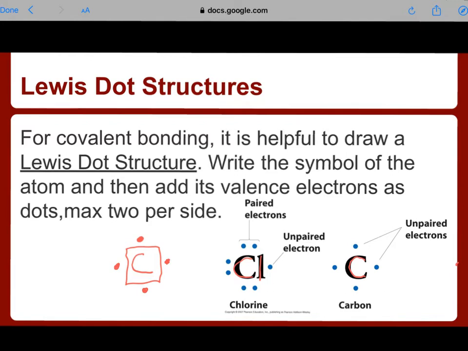Each one of those dots represents one of carbon's valence electrons. And the maximum you could end up putting in is 2 per side. So if you look at this chlorine, we did 1, 2, 3, 4, 5, 6, 7. We never put 3 on a side.